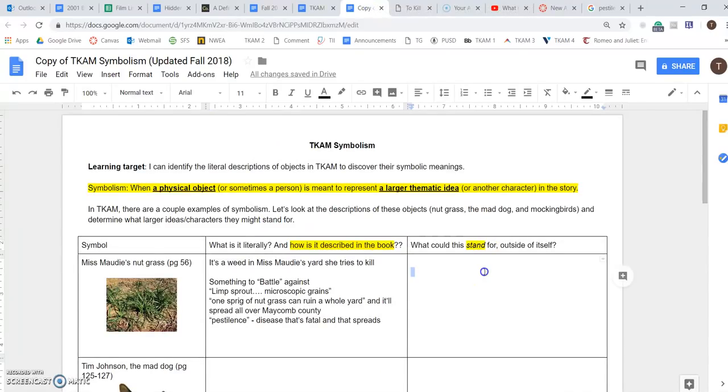She doesn't want to gossip about Boo Radley. So I'm thinking, what could this stand for outside of itself? My interpretation could be that it could stand for gossip and rumors. This is a larger thematic idea. On their own, it might be one person, tiny, right? It might be one sprig of nutgrass. But if you don't kill the rumor immediately, it'll spread all over Maycomb County.